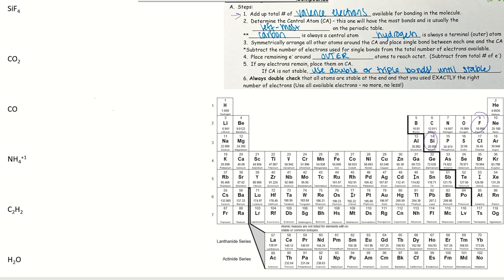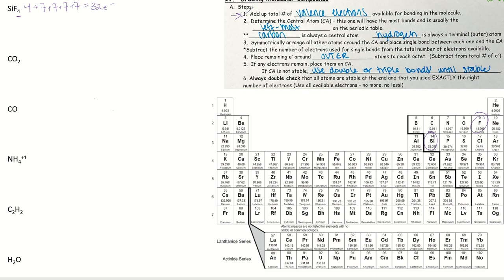So silicon has 4 valence electrons, I'm going to write that down, and fluorine has 7 valence electrons, so I'm going to add to that my 7 valence electrons, but because there are 4 of them, I have to add that 7 4 different times, or you can just add 4 plus 28. And so I'm left with 32 total electrons.